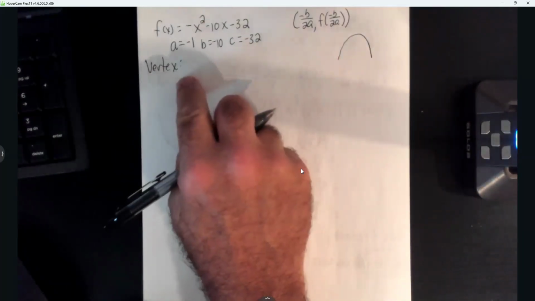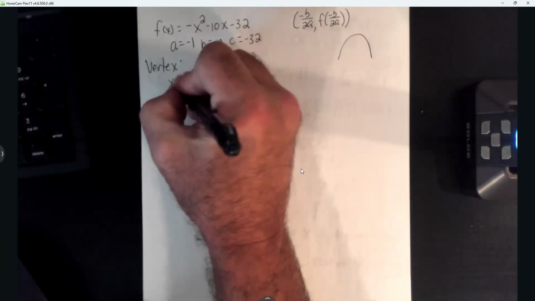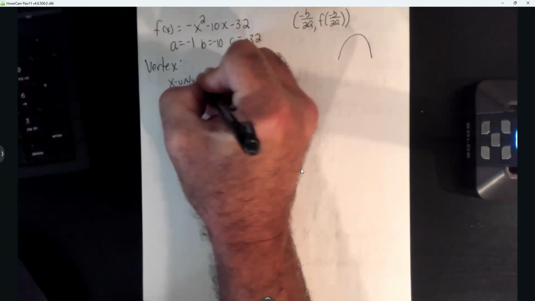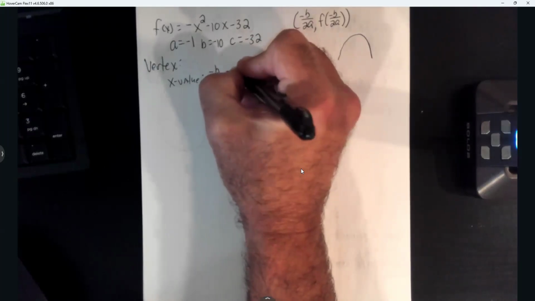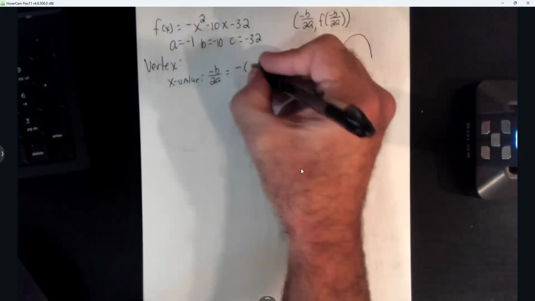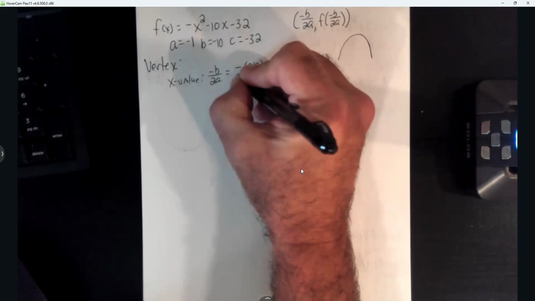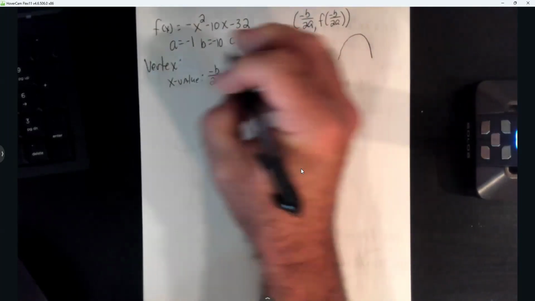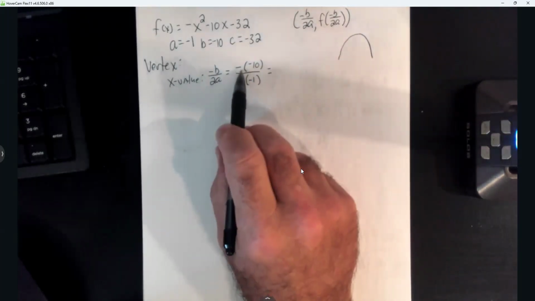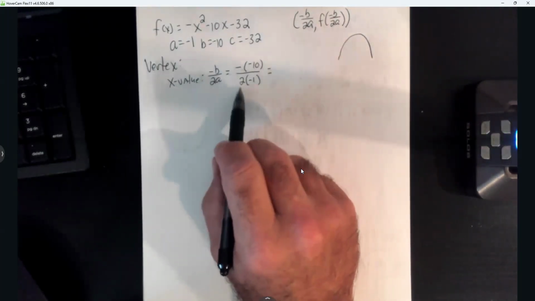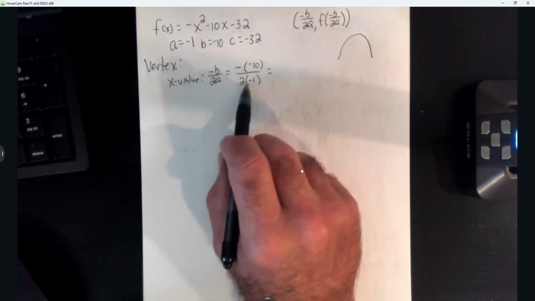All right, y'all, so the same thing. I'm going to do the vertex. Let me get my x value. Negative b over 2a is a negative times -10 over 2 times a, which is -1. See, all the top becomes positive, but the bottom is going to stay negative.